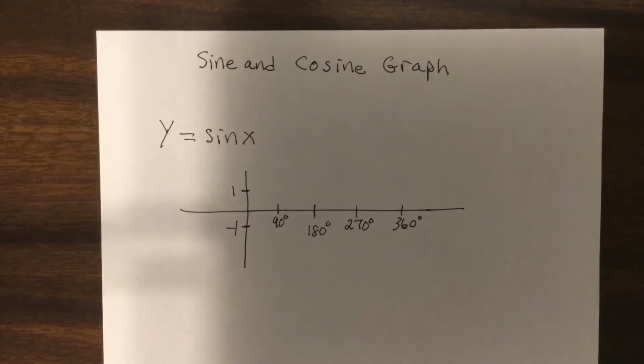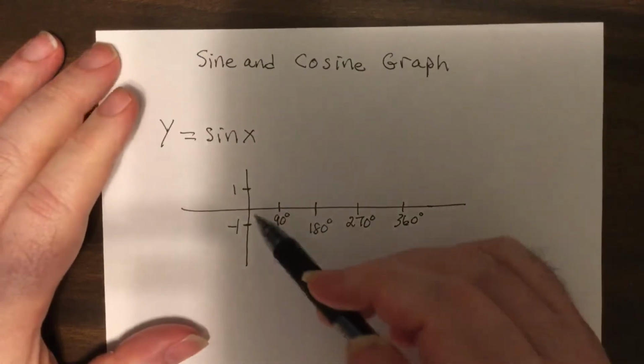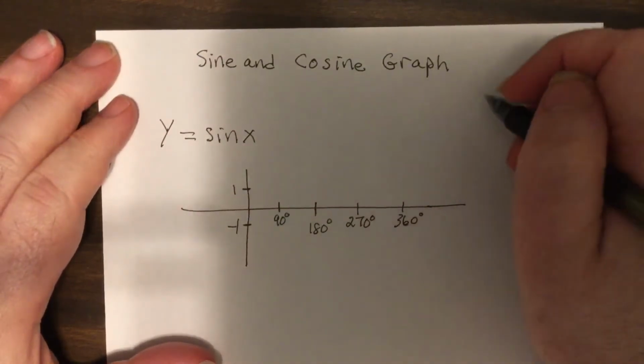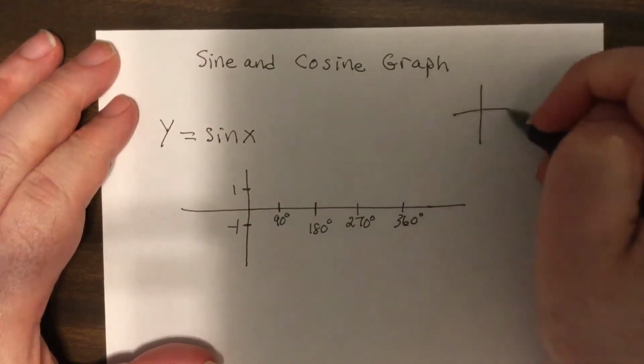Okay, we're going to take what we just learned and we're going to graph it. Very important in physics, upper level math. So, we know the 90 degrees, the quadrantal angles.